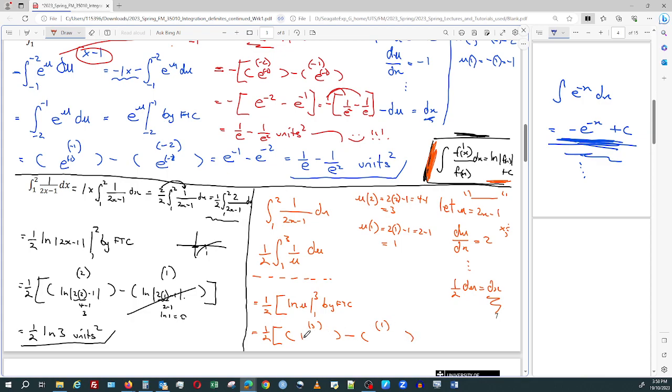And what have we got? The ln of 3 and the ln, oh look, the ln of 1, there it is. Hey, the ln of 1 is 0. The ln of 1 is 0, so that's gone. So we're left with 1/2 the ln of 3 units squared.